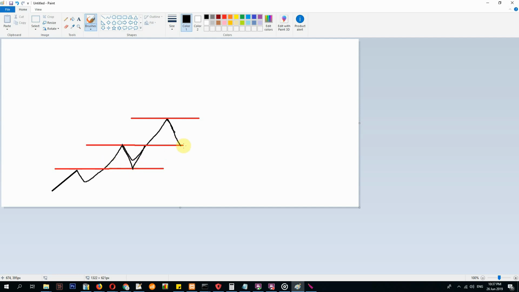Now, let's just say in a downtrend. So baliktad na. Okay, baliktad na siya. So notice now in the downtrend, this is the support.